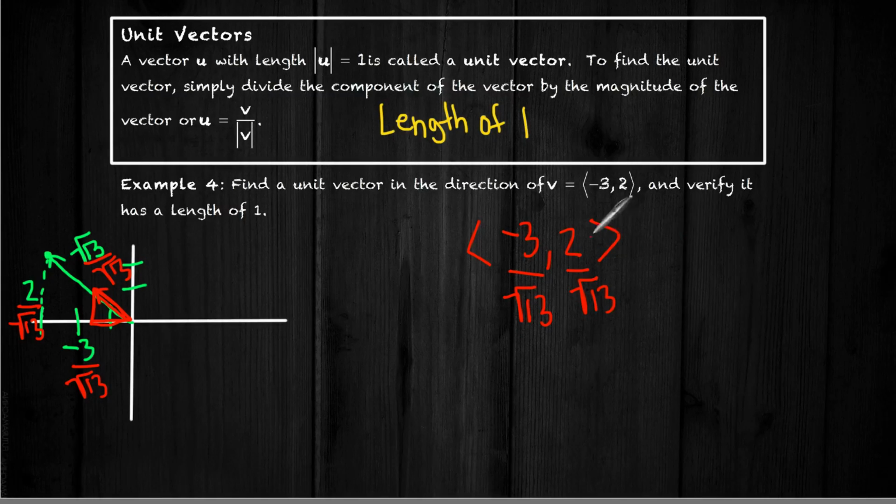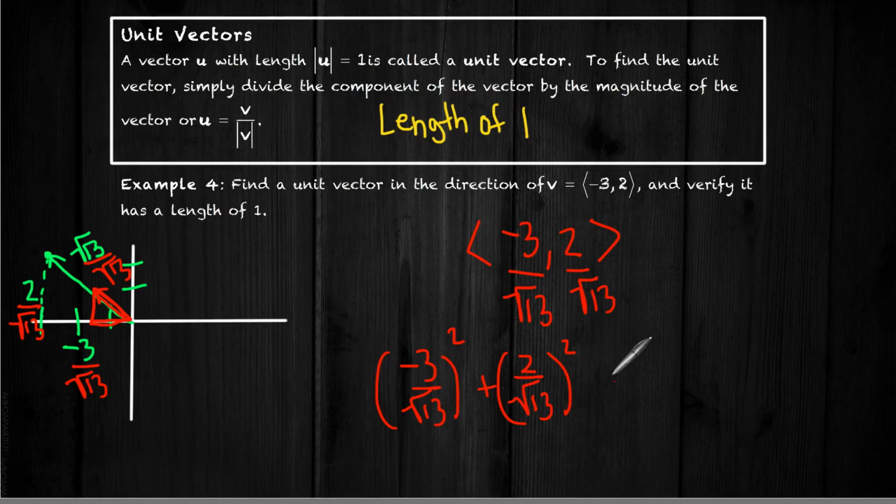And then it says verify that it has a length of 1. So what we're going to do is the Pythagorean theorem. So let's prove this. Negative 3 over root 13 squared plus 2 over root 13 squared should equal 1 squared. Well, let's see. Negative 3 squared is 9.